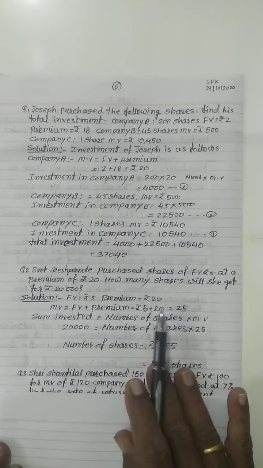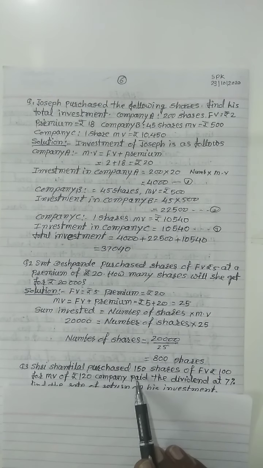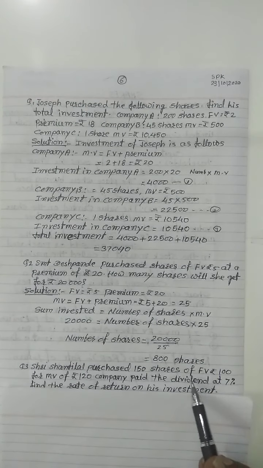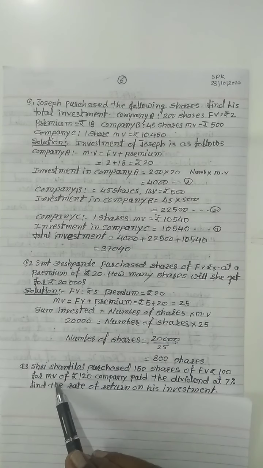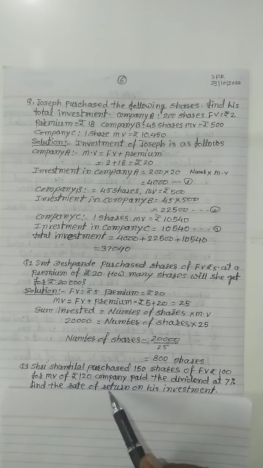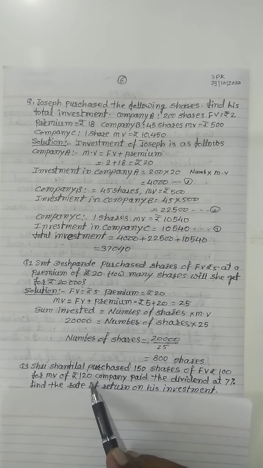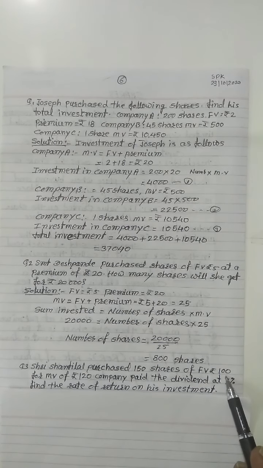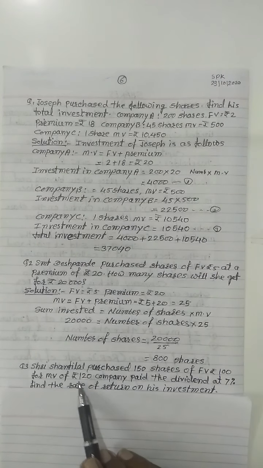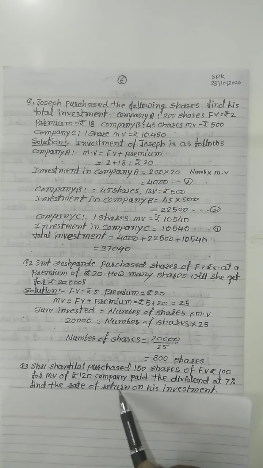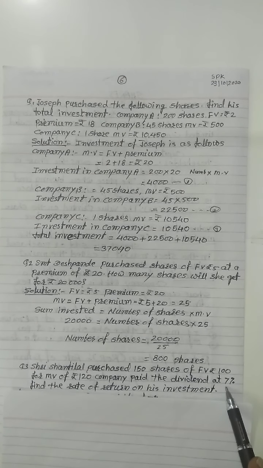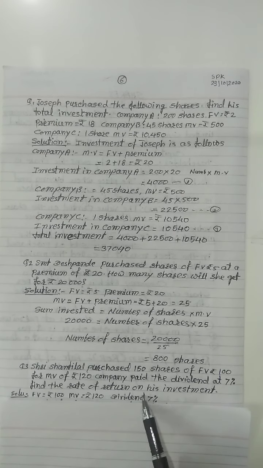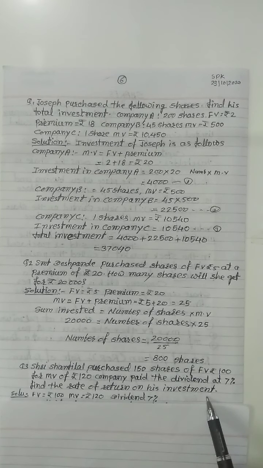Sri Shantilal purchased 150 shares of the face value rupees 100. The market value of that share is 120 rupees. Means face value is 100, market value is 120. Company paid the dividend at 7%. Find the rate of return on his investment.